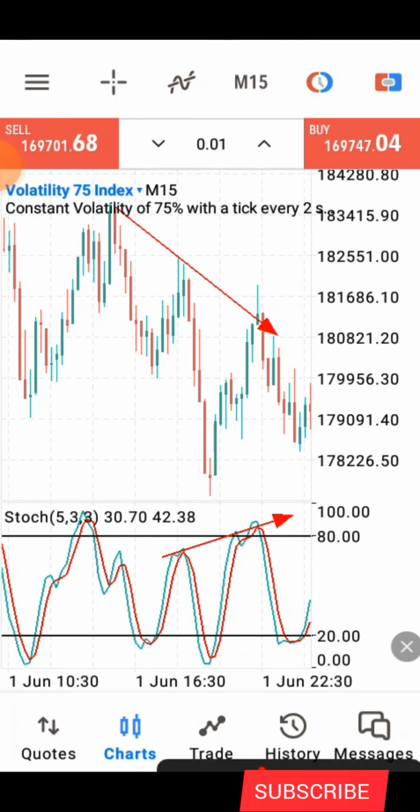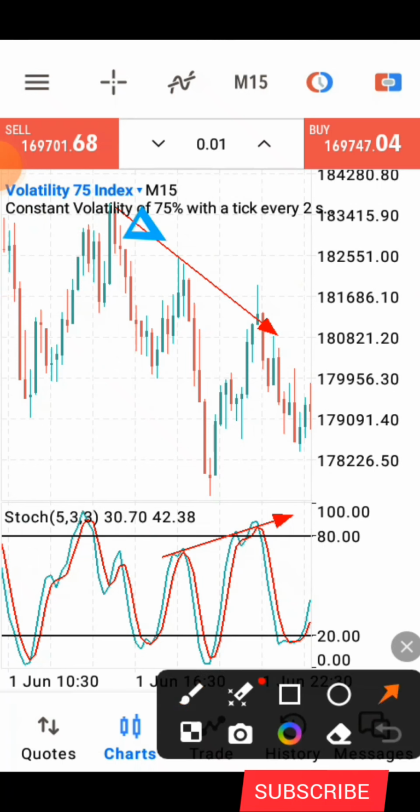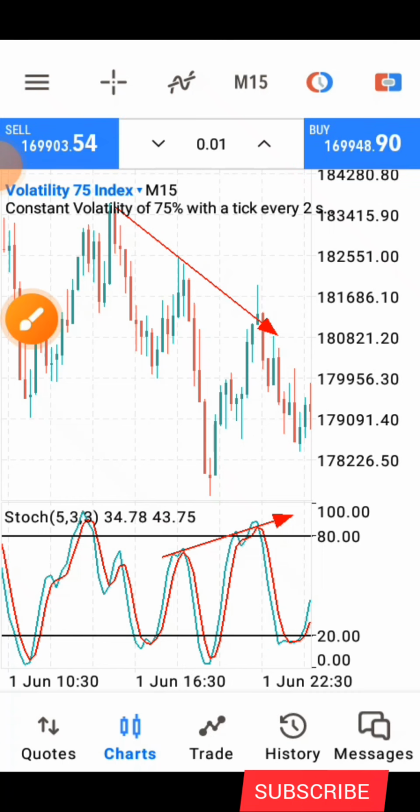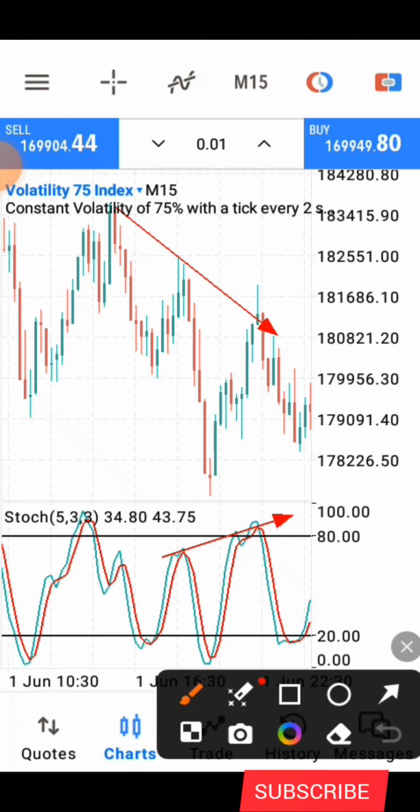You can see the price here is in a downtrend, going down, and price is making lower lows. Now you see that it made this lower low here.